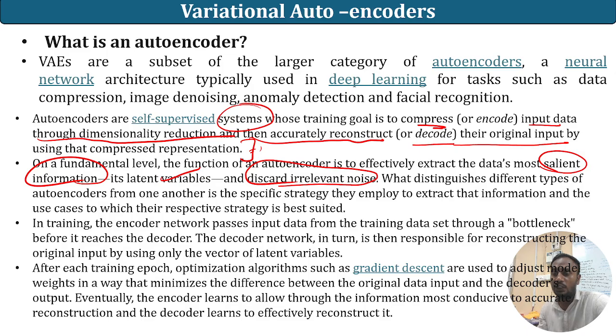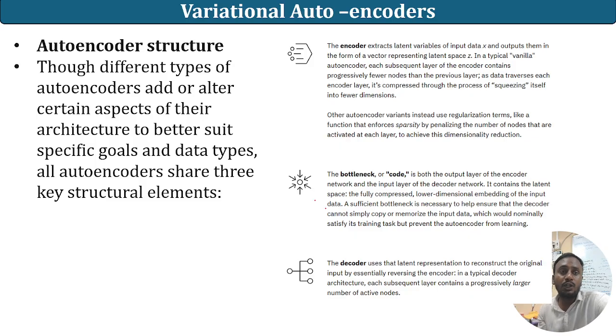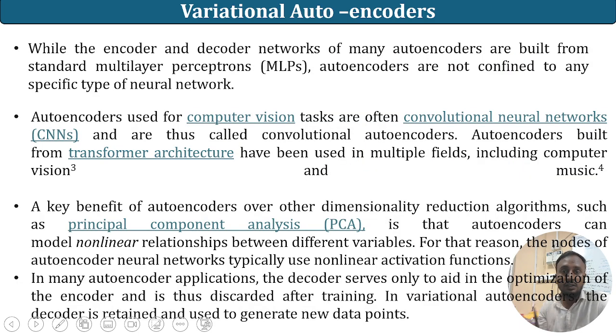So what is the autoencoder structure? Encoder, bottleneck, decoder. The encoder and decoder networks of many autoencoders are built from a standard multi-layer perceptron, but autoencoders are not confined to any specific type of neural network.